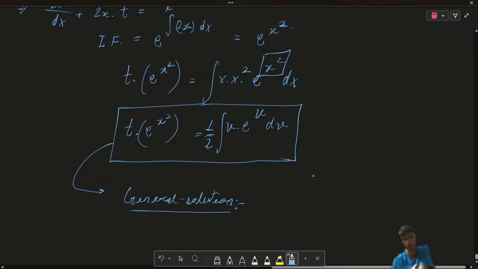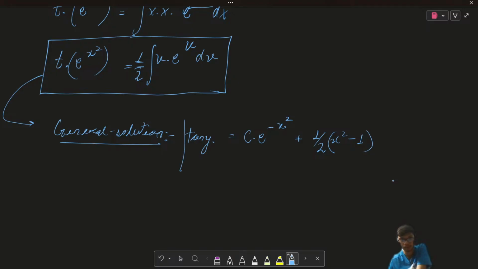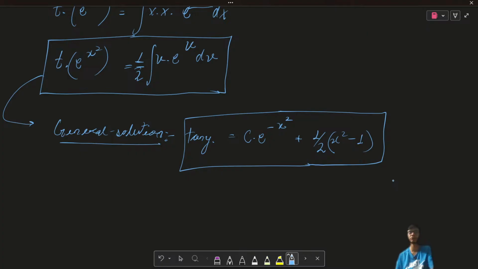Our general solution will be tan y is equal to some constant times e to the power minus x square plus 1 upon x square minus 1. This is the final general solution of the differential equation, or the family of curves which satisfy the above differential equation.